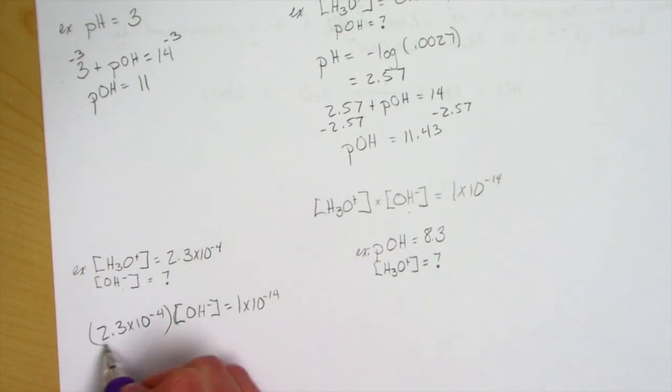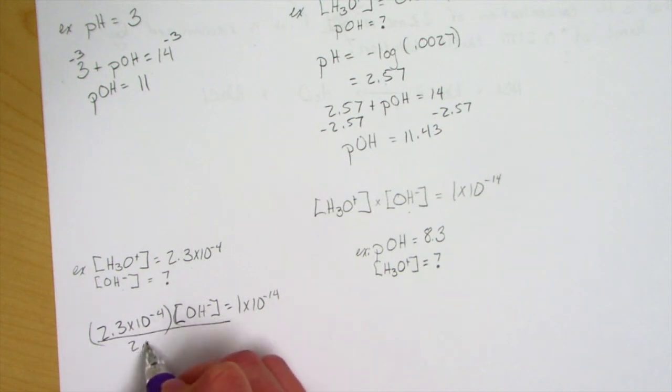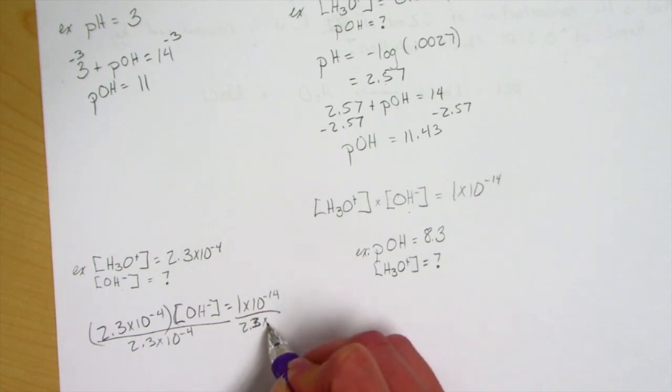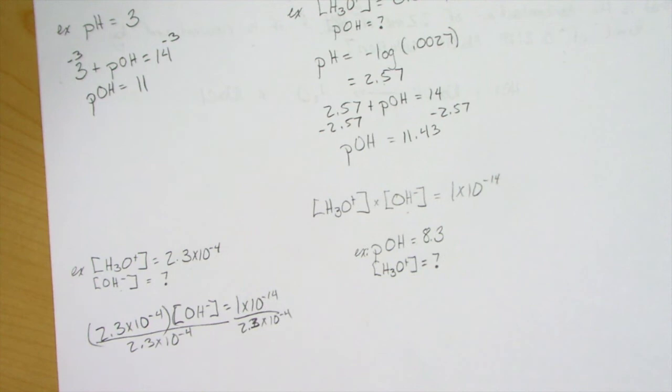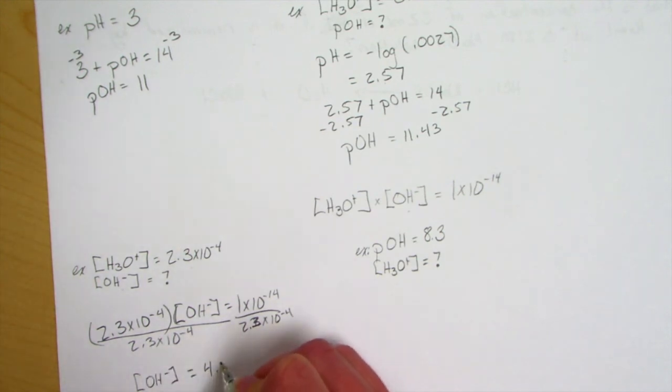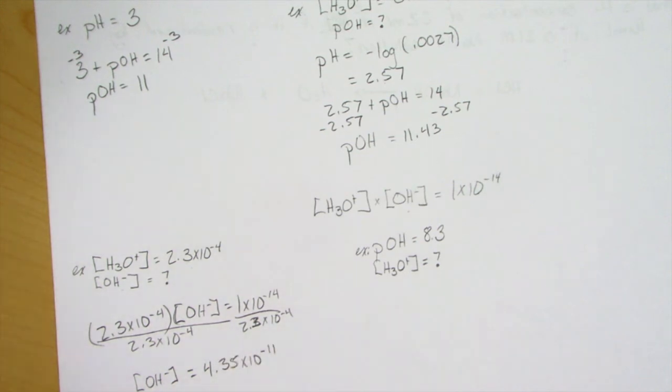Well, all I have to do is get OH minus by itself by dividing each side by 2.3 times 10 to the negative fourth. And that comes out to be 4.35 times 10 to the negative 11th.